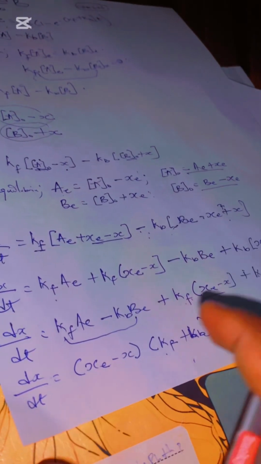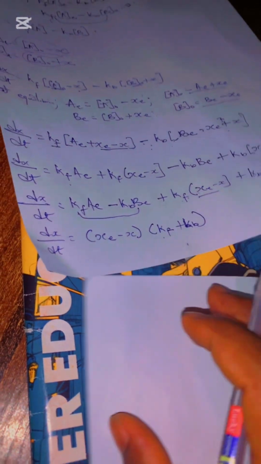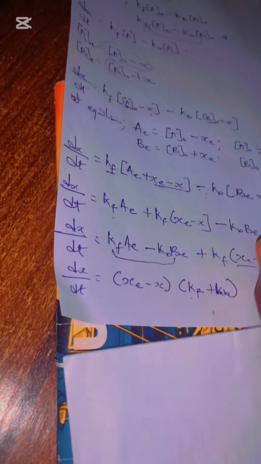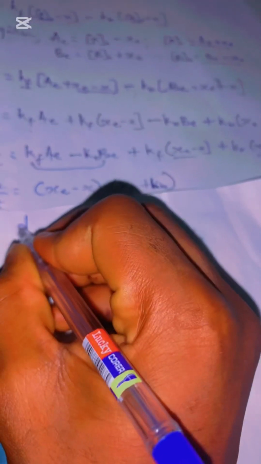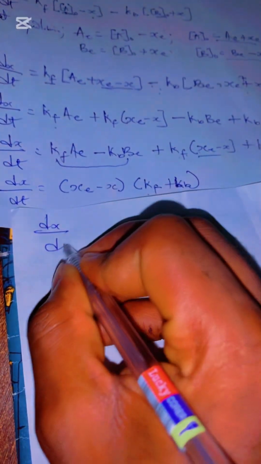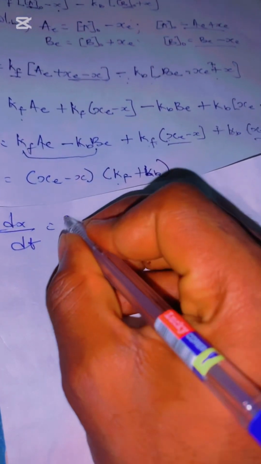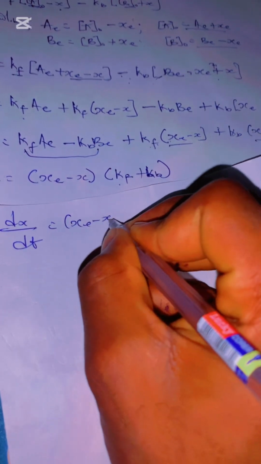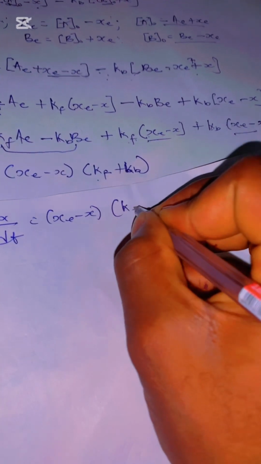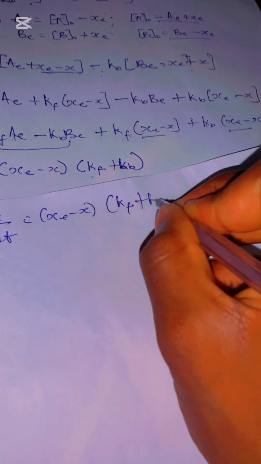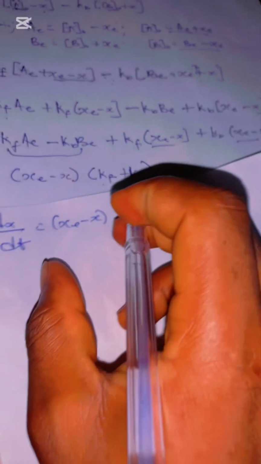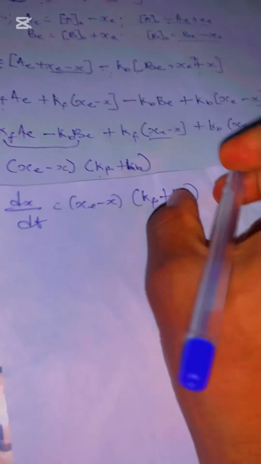So we have this. The next thing now is we are going to cross multiply. So let me do it one after the other so we can get it together. Good. So here I have dx over dt to be equal to xe minus x, open bracket, kf plus kb. So let's rearrange. Bring x here and bring dt there.